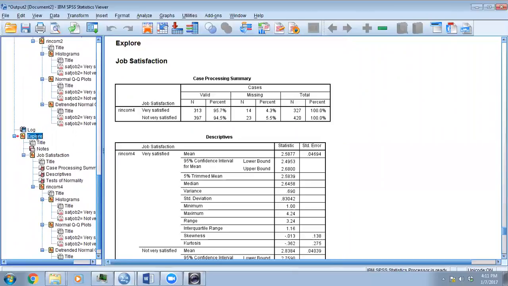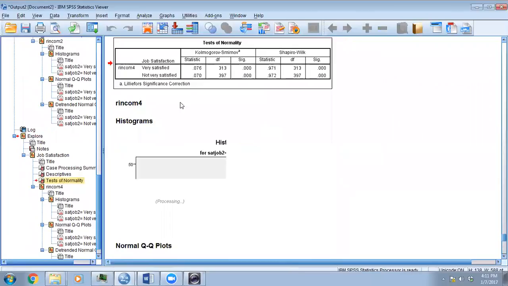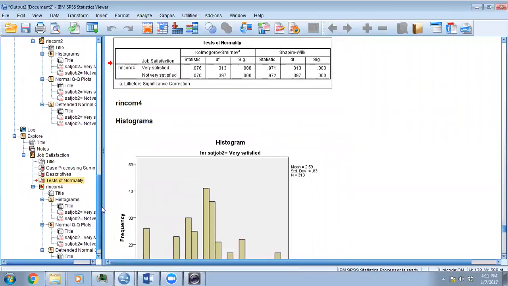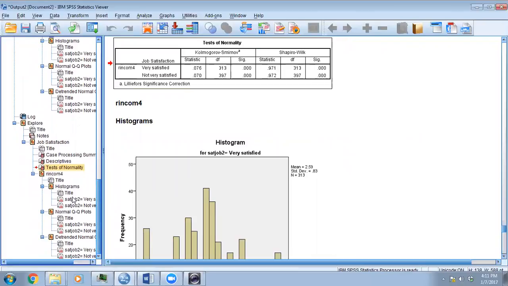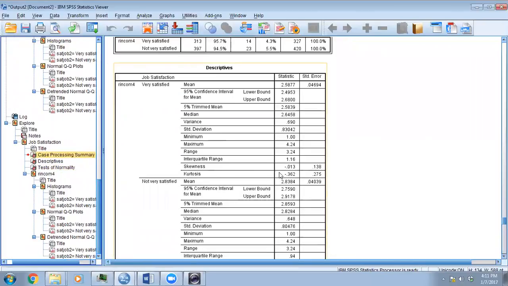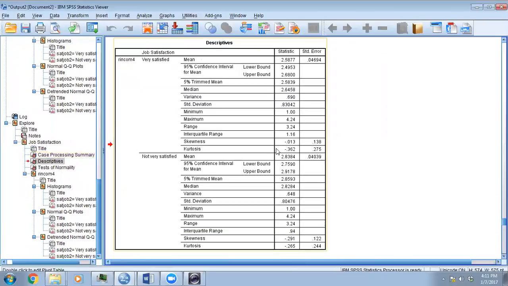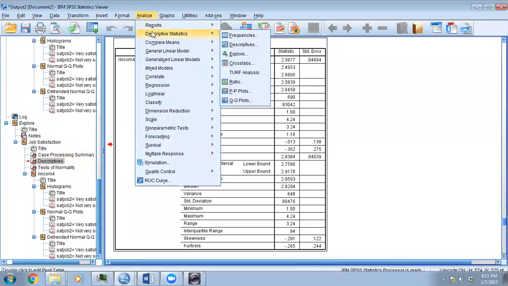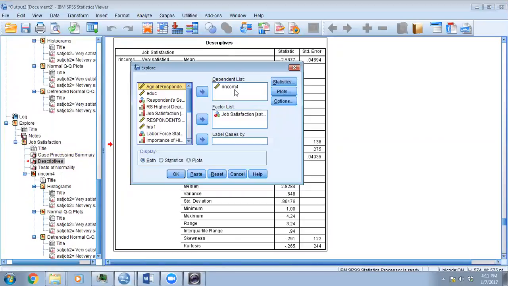So here, with R income 4, we see the test of normality is again rejected. But when we compare the values of skewness and kurtosis, this has to be compared with R income 3. So let me go ahead and do that. It's not going to take that much time.